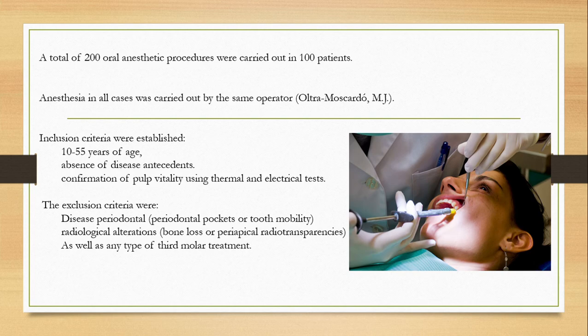There had to be an absence of oral soft tissue infections, and a confirmation of pulp vitality using thermal and electrical tests. The exclusion criteria were periodontal pockets or tooth mobility, radiological alterations like bone loss or periapical radiolucencies, as well as any type of third molar treatment.